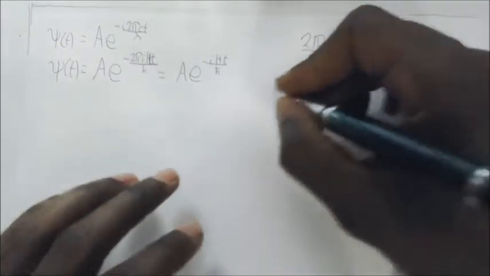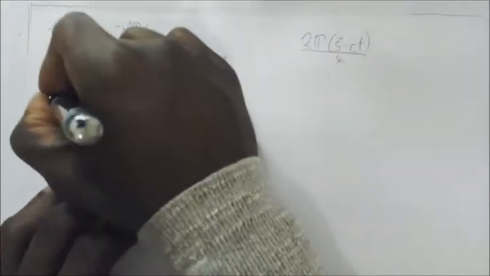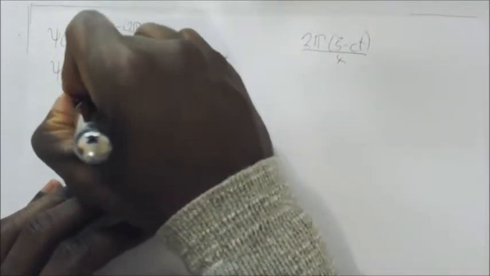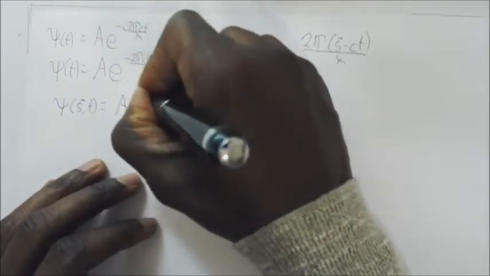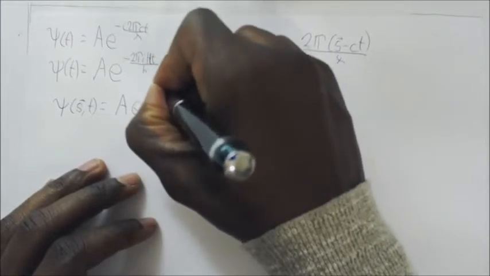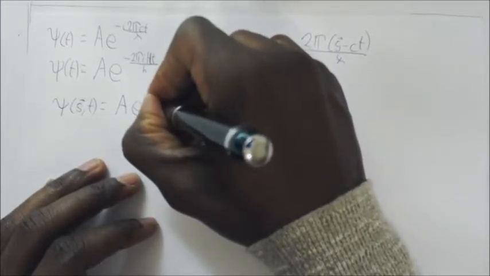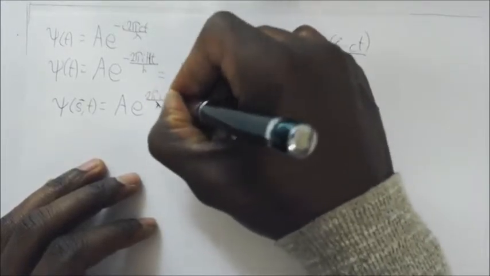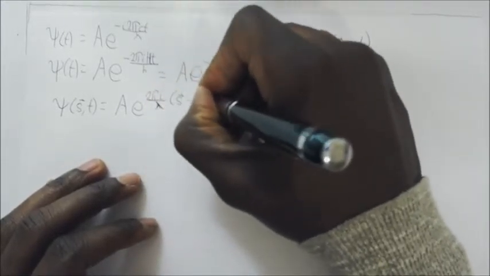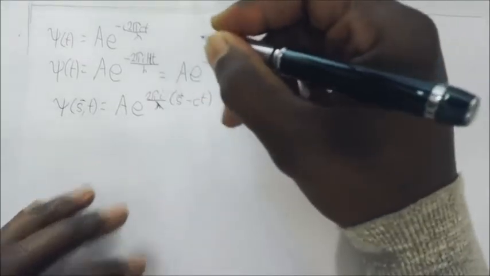And so now we can say the wave function of s comma t is equal to a times e to the 2 pi i over lambda times s minus c t.